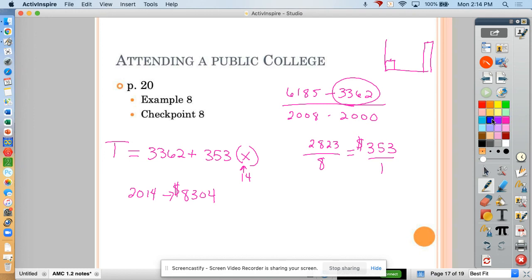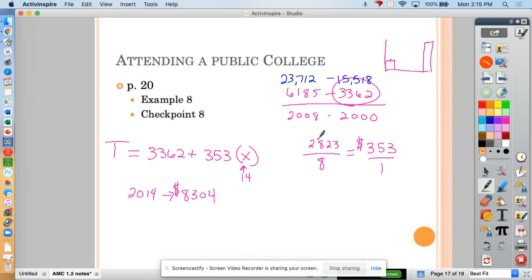Okay, so if you've come back and done checkpoint 8, this one is for private schools instead of public. So this is 23,712 minus 15,518. Let me subtract that real quick.